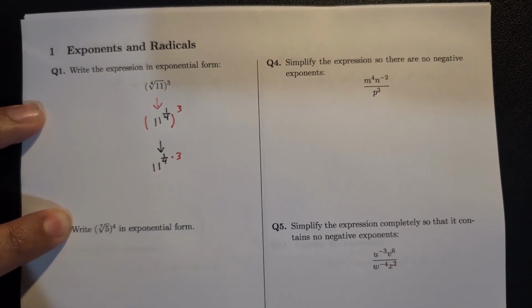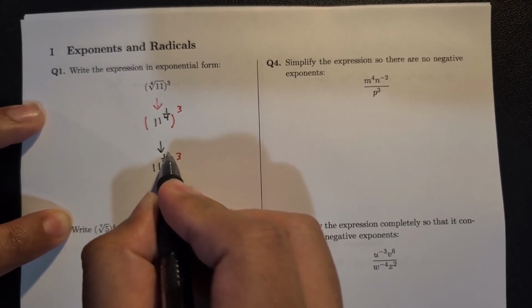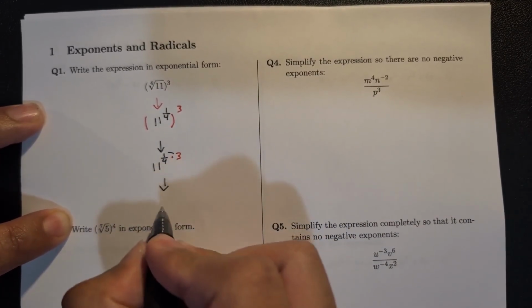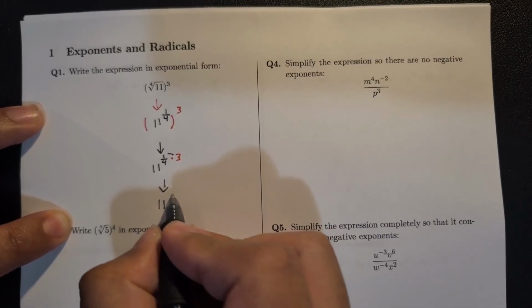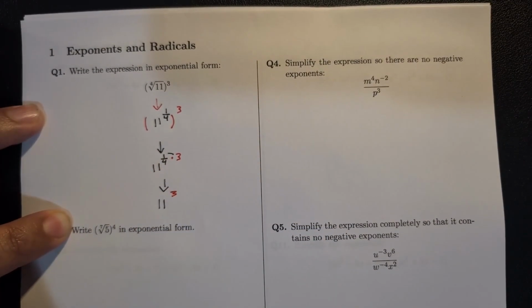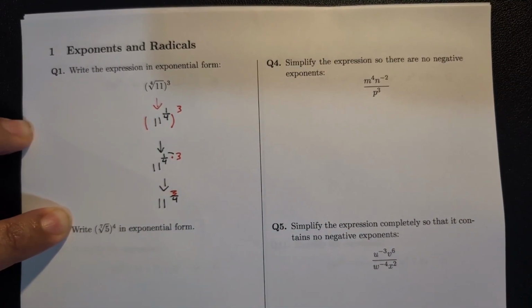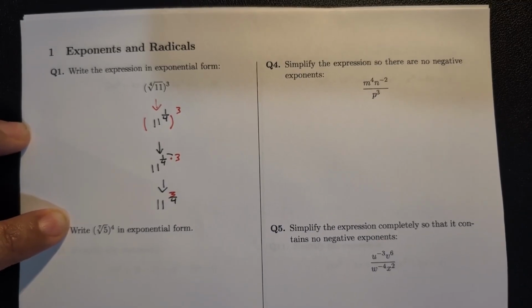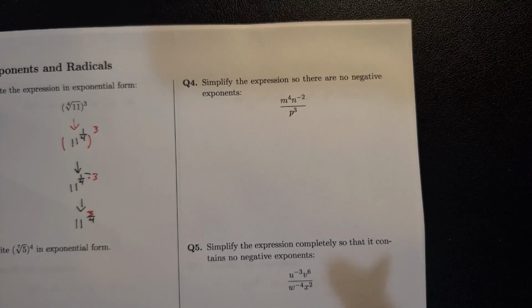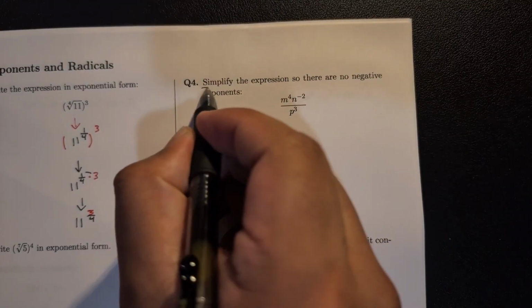And when we have a fraction times a number, we only multiply the 1 and the 3, so this becomes 11 to the 3 over 4.